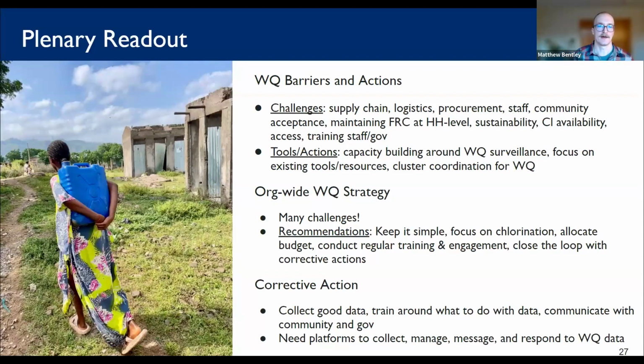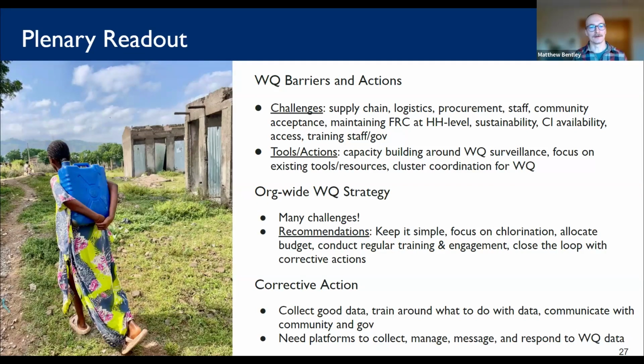Closing the loop with corrective actions: understanding how we use the data and what corrective actions we take to make sure that we're addressing these things appropriately. That leads perfectly into the corrective action group, which focused on a number of things to improve the way that we use water quality data. But really, most of the groups discussed at the beginning that it's hard to do corrective action when we don't have good data to begin with.